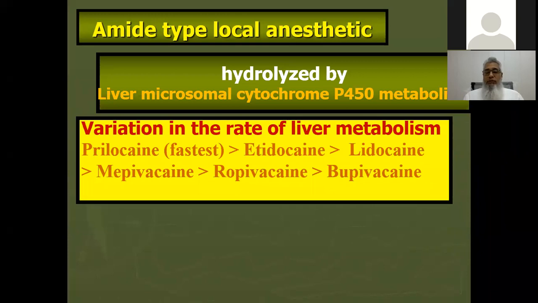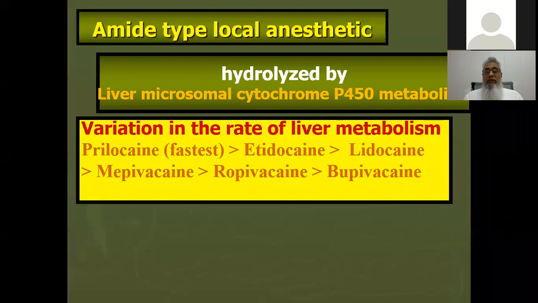Of course, if the liver is not functioning properly, especially in very old age or in a liver disease like liver cirrhosis or hepatic failure, the metabolism of these amide local anesthetics is decreased, so there is more possibility of toxicity.